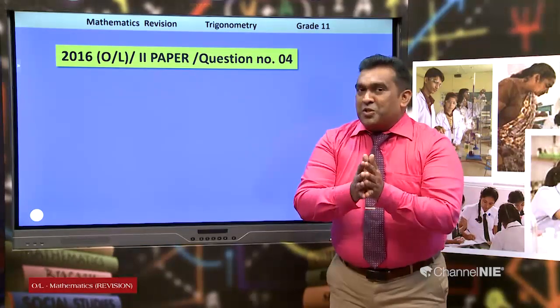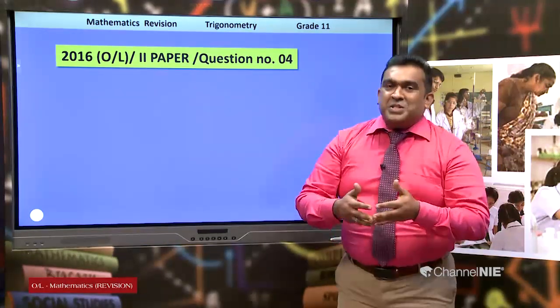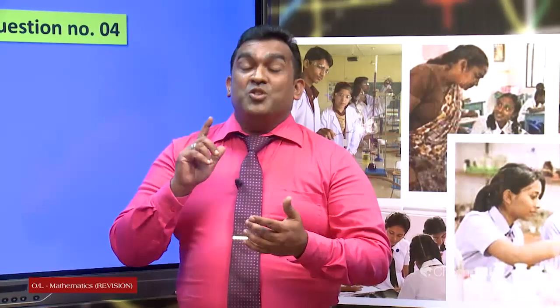Paper syllabus, especially there is a special syllabus based on papers. In the O-level examination, there are 6 themes. First one numbers, second one measurements, third one algebra, fourth one geometry, fifth one sets and probability, sixth one statistics, right?